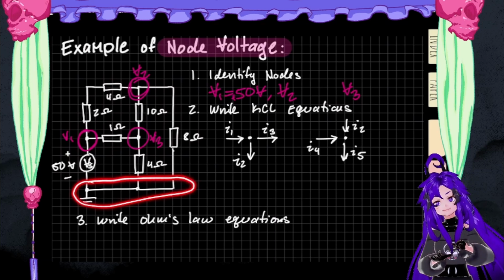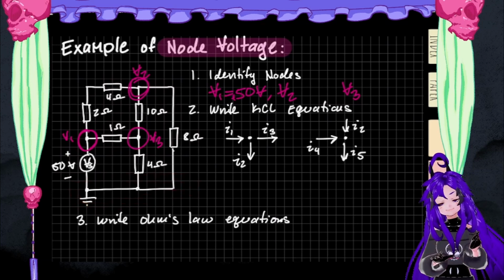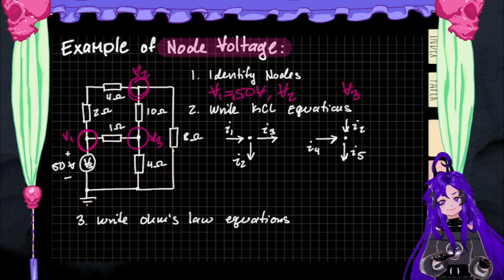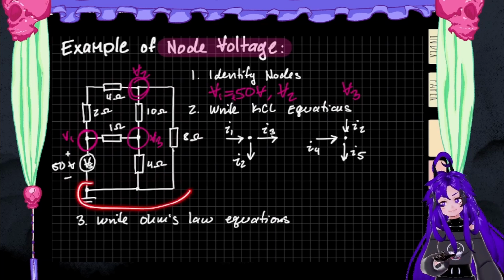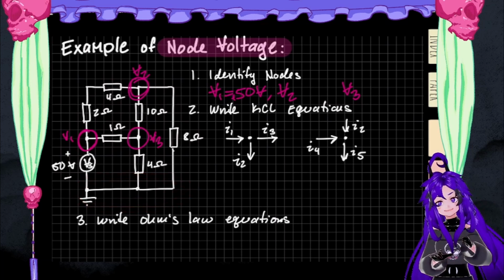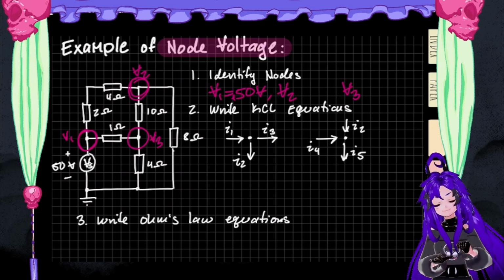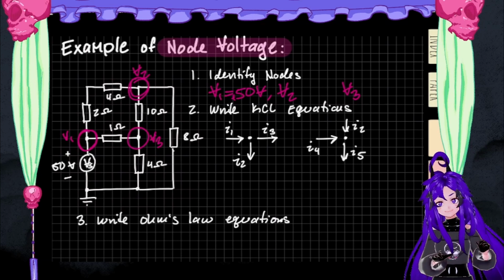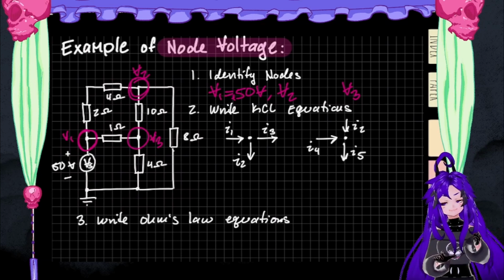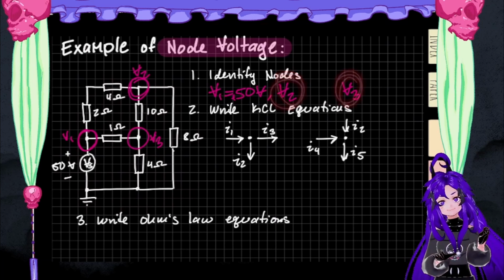It is a node, yes, but its value is 0. It is 0 volts here. That is the definition of ground. So we don't have to analyze it. We don't need to prove that the sum of these currents is 0. So we're gonna ignore it, and we're gonna move on to see if we can find V2 and V3.